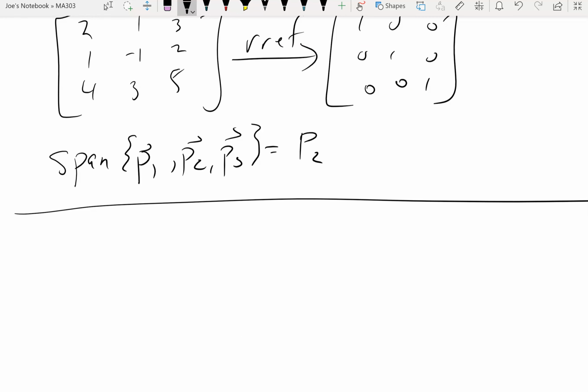All right, so let's look at, this is number 3 on page 248.